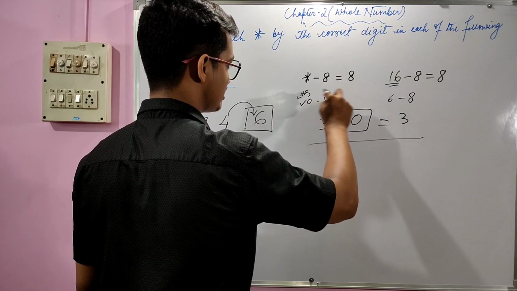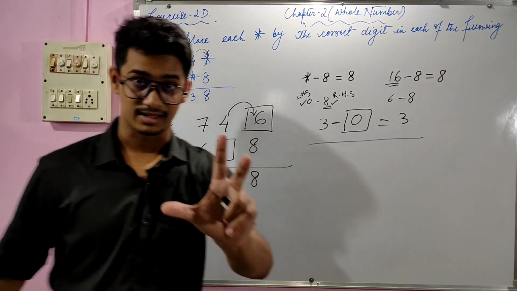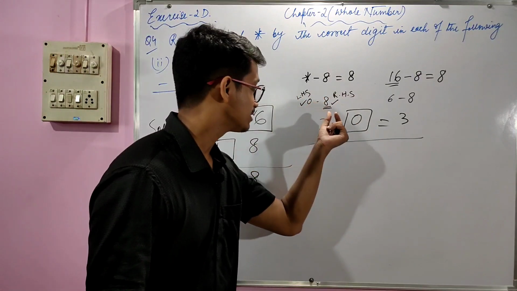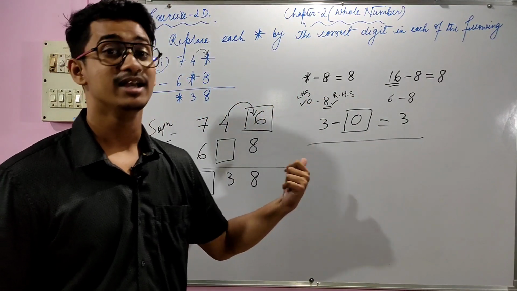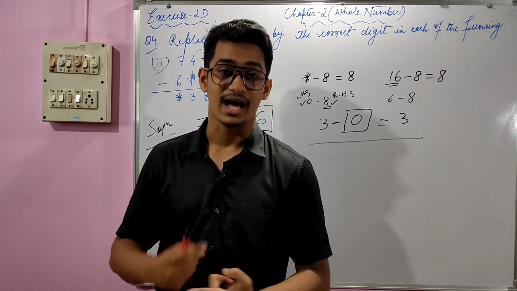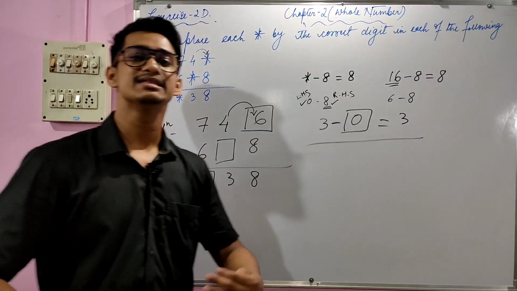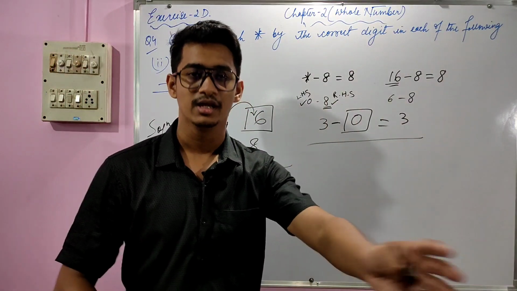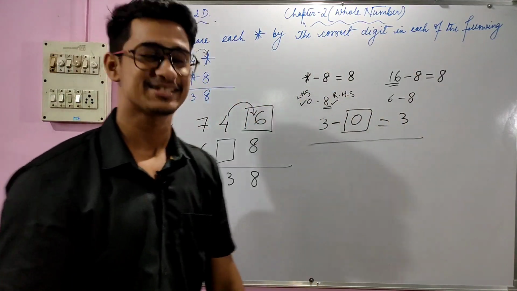So when one number on the right hand side is greater than the left hand side, we cannot find the answer as of now, but we can find it in a later class, which I will discuss with you in the coming years.